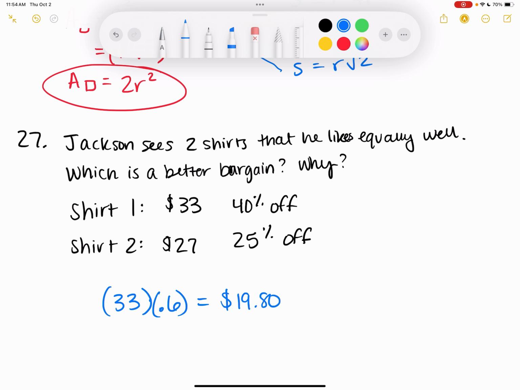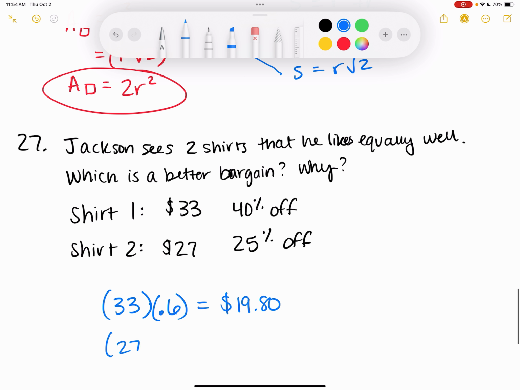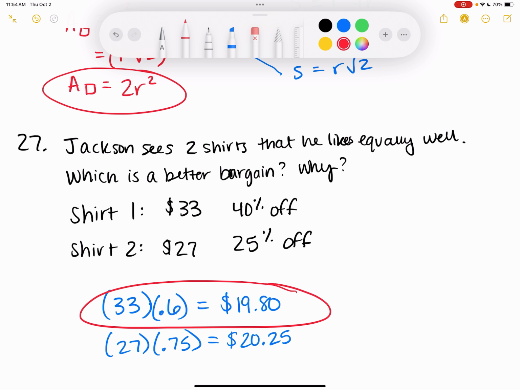Then on the other one, 75, 27 times 0.75 is $20.25. Wow. You saved 45 cents. So the more expensive shirt is the one that's a better deal, a better bargain.